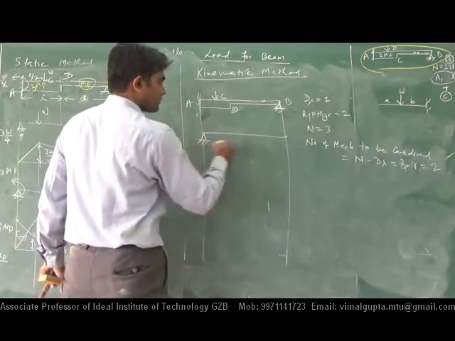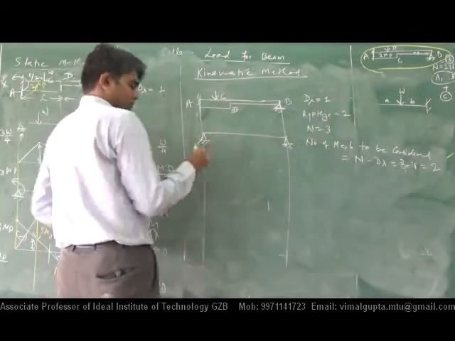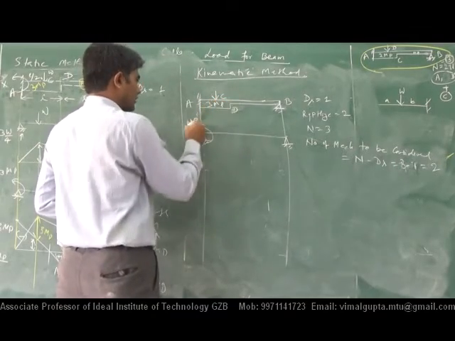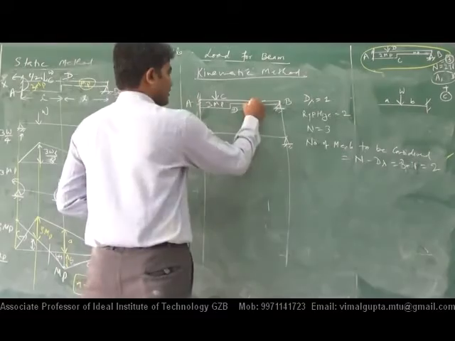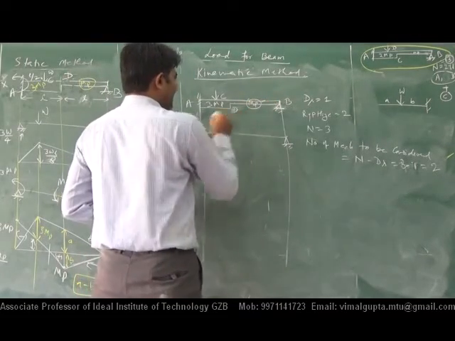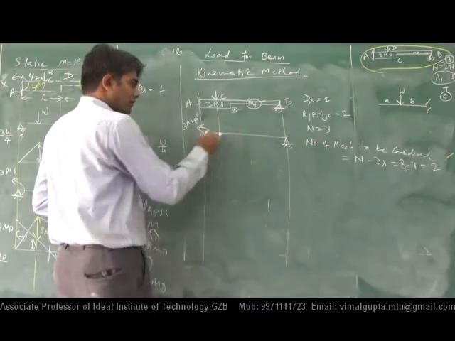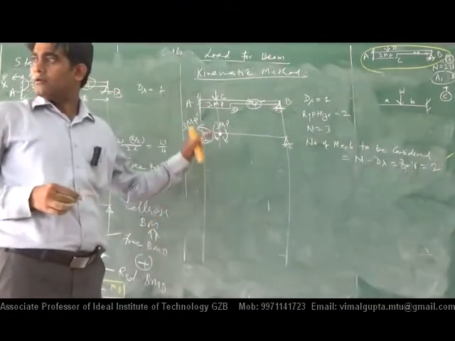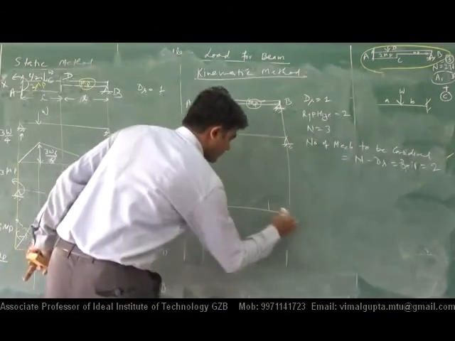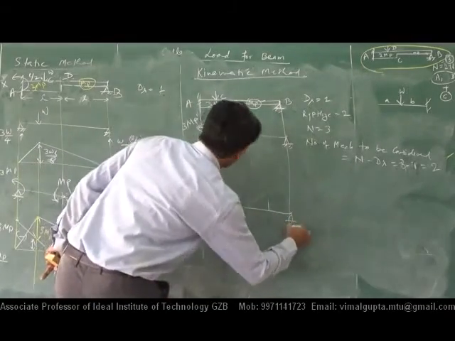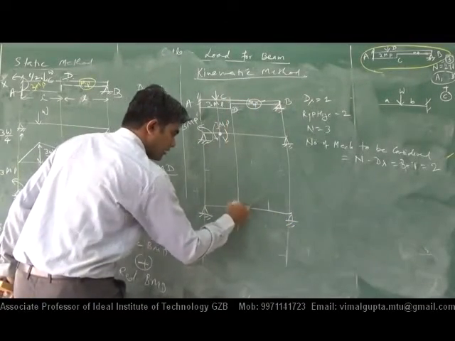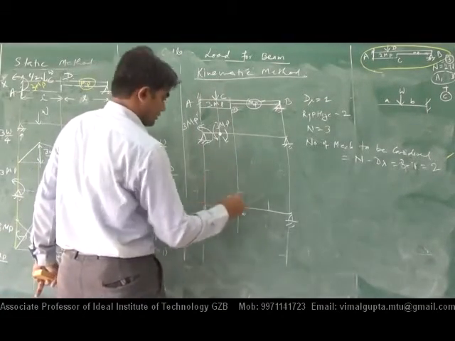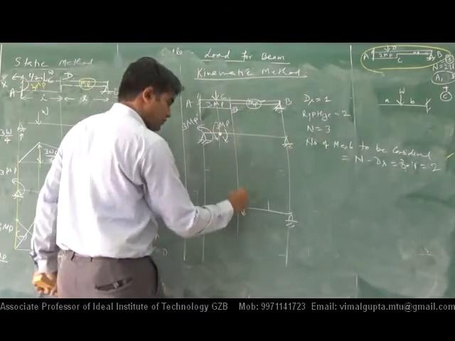Okay. First is this one here. It will have the plastic moment MP. Since it is 3 MP now, it is 3 MP here, and another plastic hinge will be here, by 3 MP. Okay, first thing. Second thing, this one, and here also. It will have which one, 3 MP or MP?